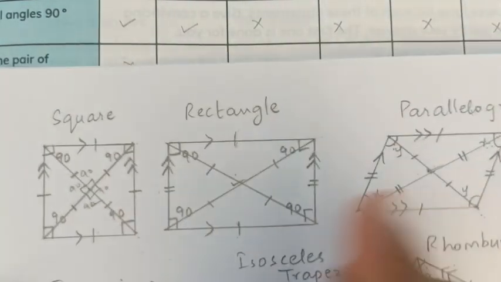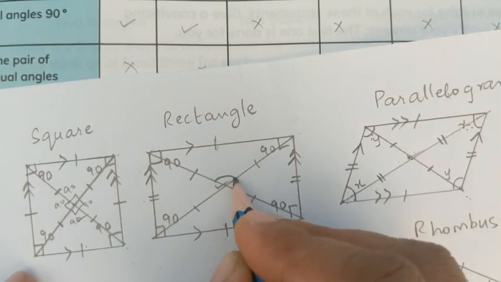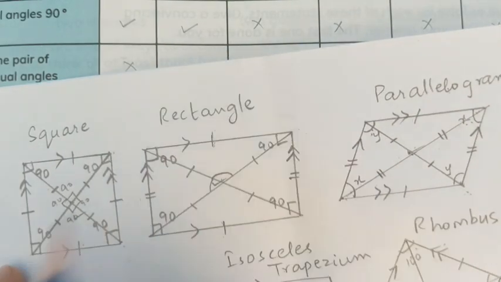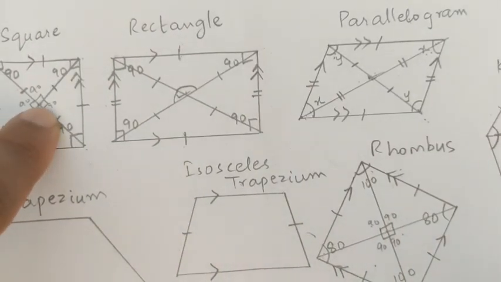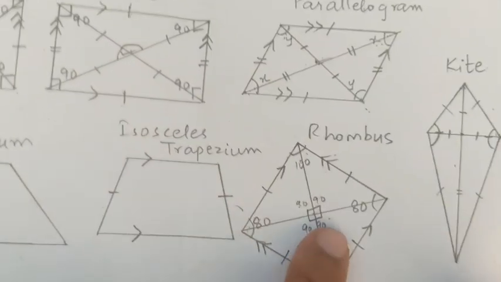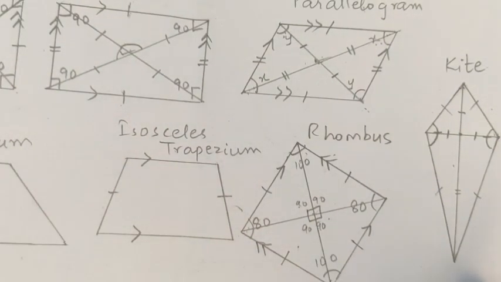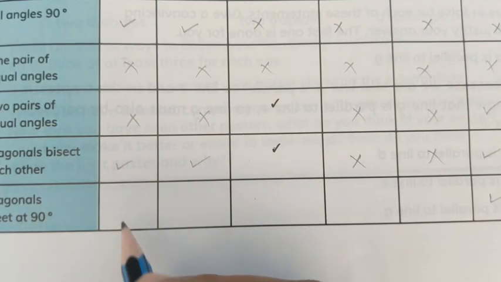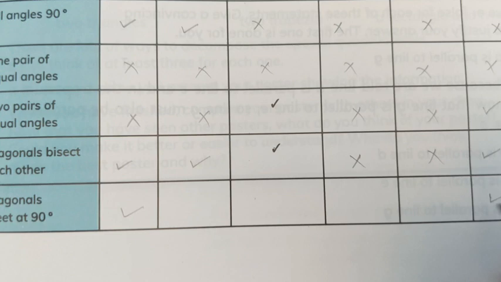But this does not happen in a rectangle, since this angle would be greater and this one would be smaller. So this only happens, that diagonals meet at 90 degrees, in a square and in a rhombus.